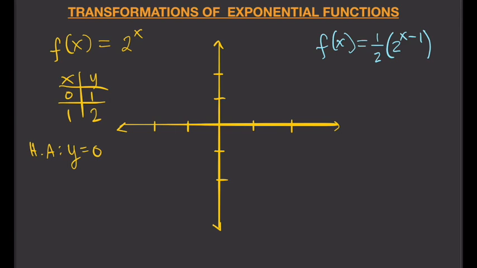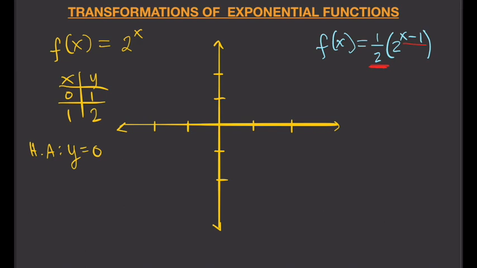So what changed is the exponent. From x became x minus 1. And then we have a number outside our function. So that number will change the shape of the original function.